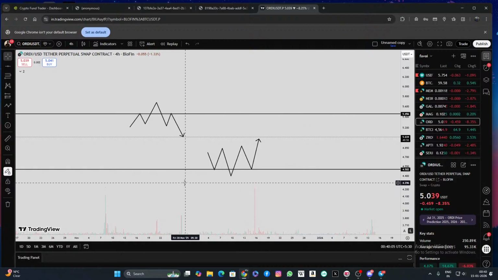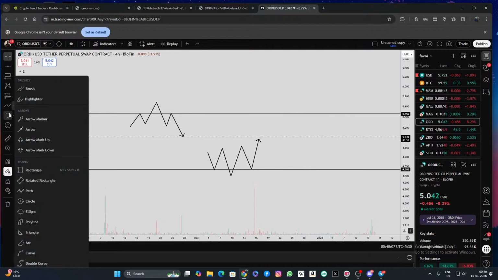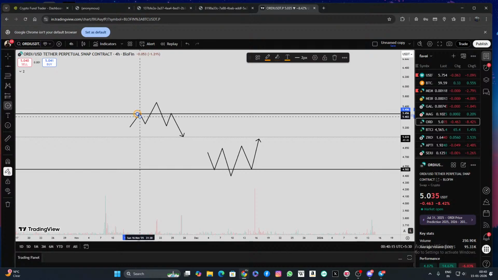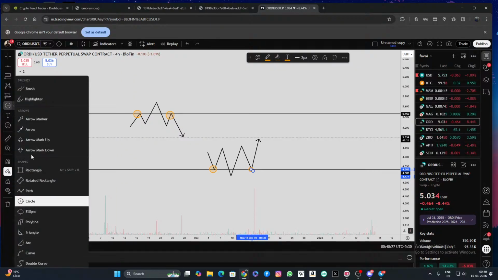As you can see here, the pattern has two soldiers and one head. It's a soldier, it's a soldier, and here it's a soldier, and the head is also called a deviation, you can say.